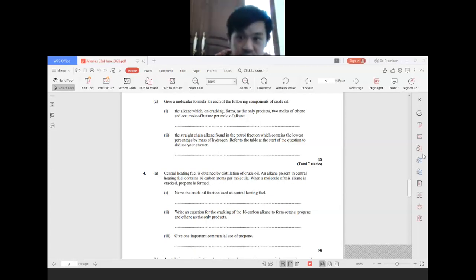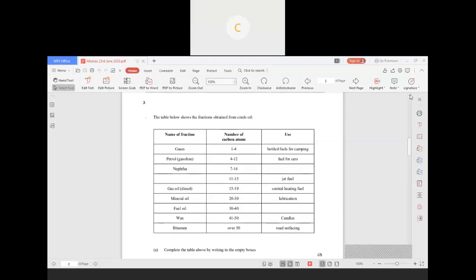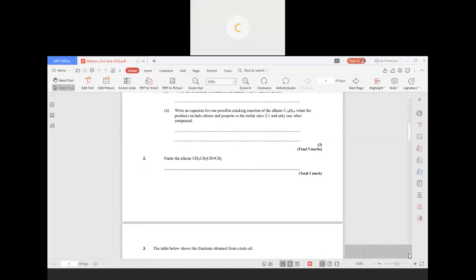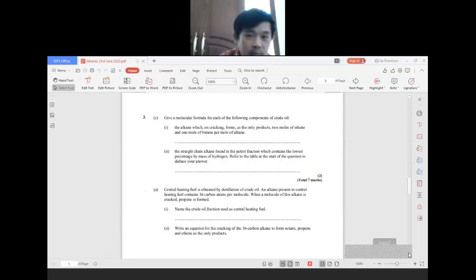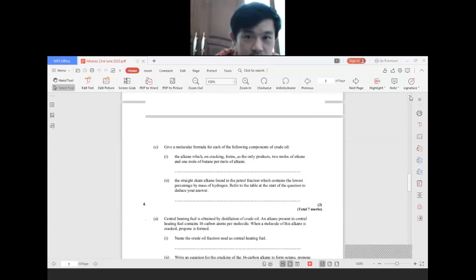And then next, the straight chain alkane found in the petrol fraction which contains the lowest percentage by mass of hydrogen. Refer to the table at the start of the question to deduce your answer. Which one has the lowest percentage of hydrogen? Let me ask Christo.